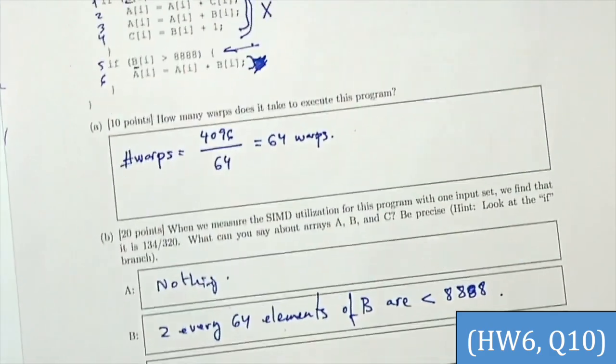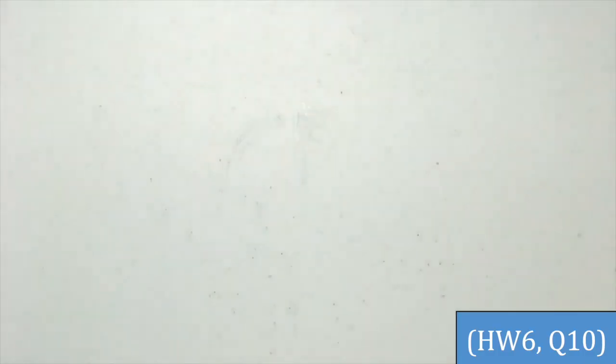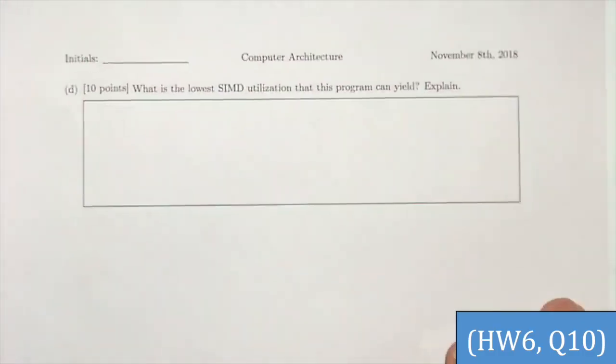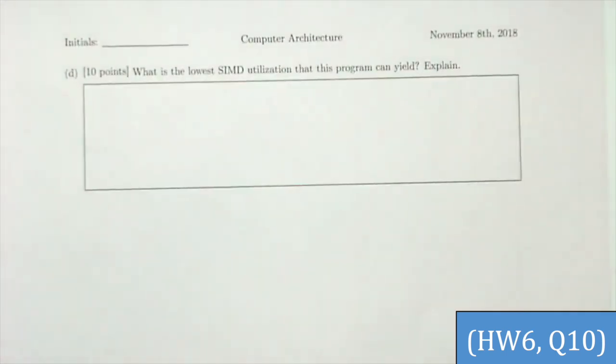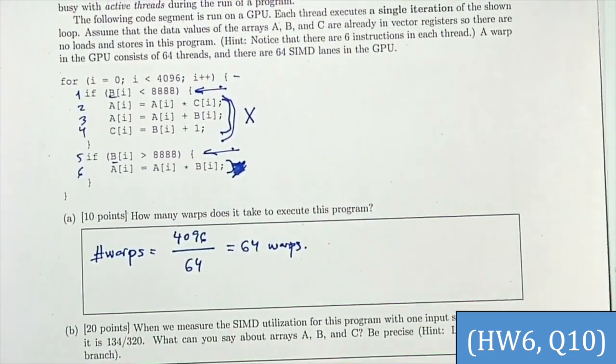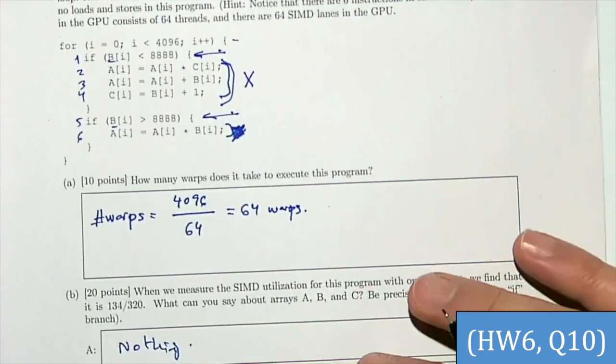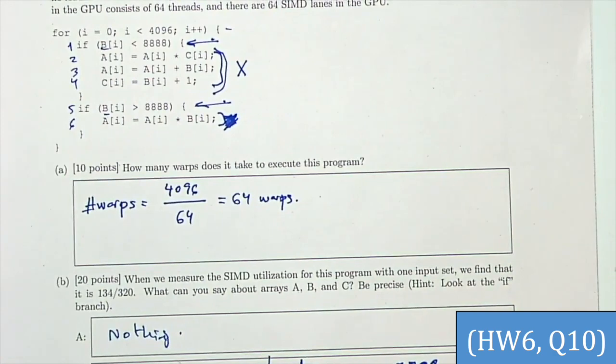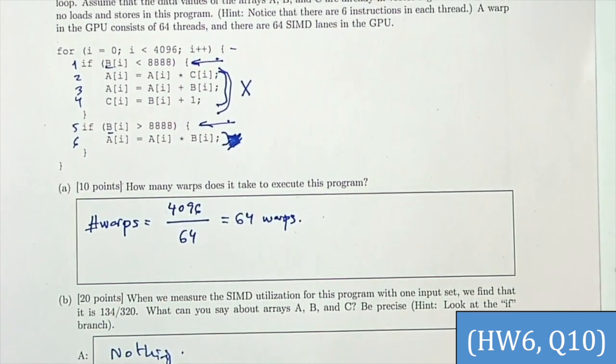Okay, and then last part, part D, here it is. What is the lowest SIMD utilization that this program can yield? And this is actually very easy to answer. Of course, you need to calculate the number, but it's very related to what we already discussed in part B, right?